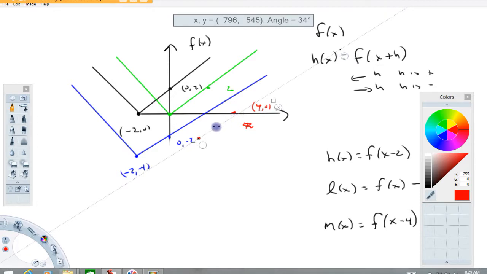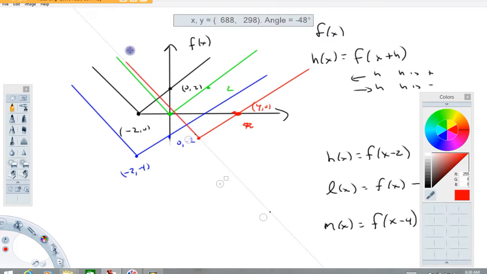Now I'll put that point right there, where that point should have been. Remember, I don't have an axis here on this paper. Roughly, I want it parallel to that. That's good enough.